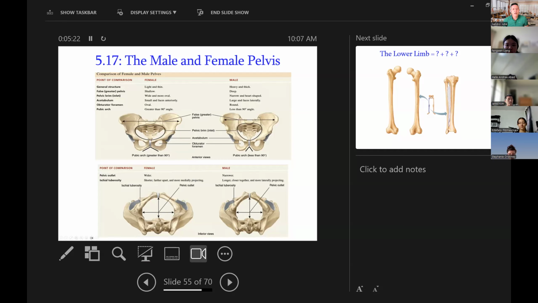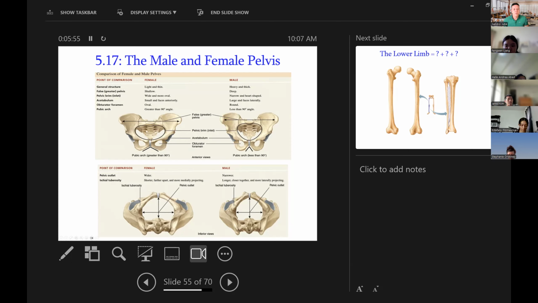Okay? Another difference between the male and the female pelvis is the acetabulum, which is right here, that surface that we articulate with the femur. The acetabulum of the female pelvis is small and they face more anteriorly. They face more to the front. While the acetabulum of a male pelvis is larger and they face more laterally. Let's take a look at the obturator foramen.